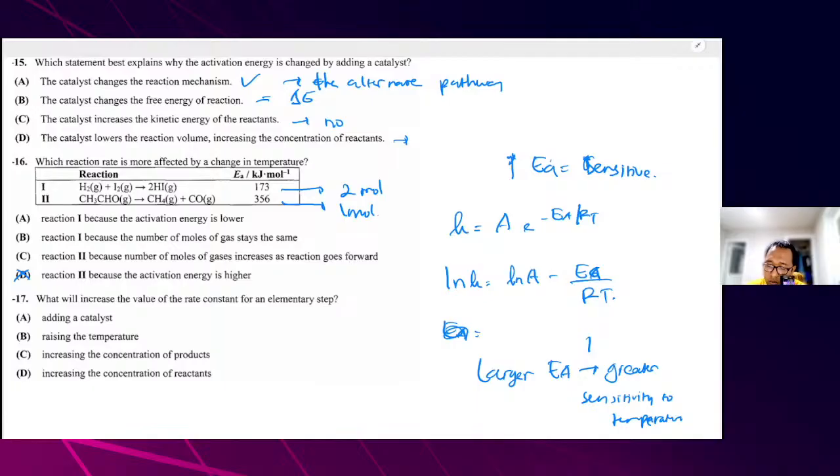What will increase the value of the rate constant for an elementary step? Elementary step, which means order is 0. So rate is K, right? Sorry, this is the rate constant for an elementary step.